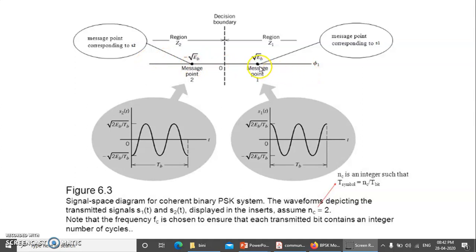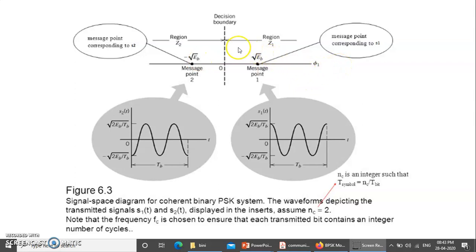Here we are representing the message coordinates. First message coordinate corresponding to 1 is represented by root Eb, and the other message coordinate that corresponds to 0 is represented by minus root Eb. So for transmitting the bit 1, we are transmitting root Eb into phi 1 of t, and for transmitting the bit 0, we are transmitting minus root Eb into phi 1 of t.